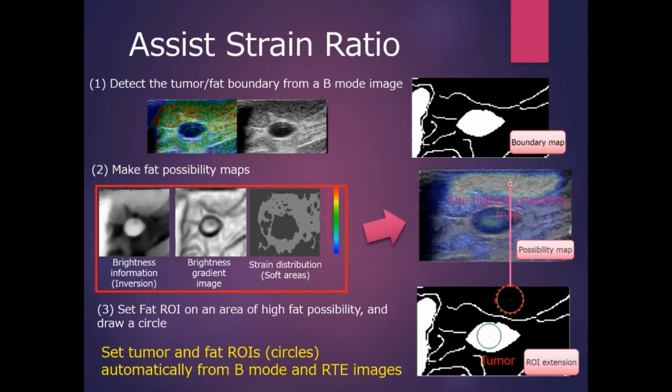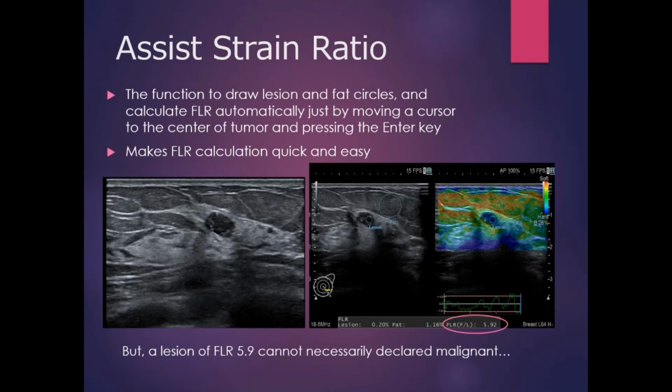It is a function to detect the boundary between the tumor and the fat, set circles automatically and calculate FLR. To use this function, just move the cursor to the center of the tumor and press the Enter key of assist strain ratio. Then the circles for the tumor and fat are drawn and FLR is calculated. The time and steps for FLR calculation are reduced.